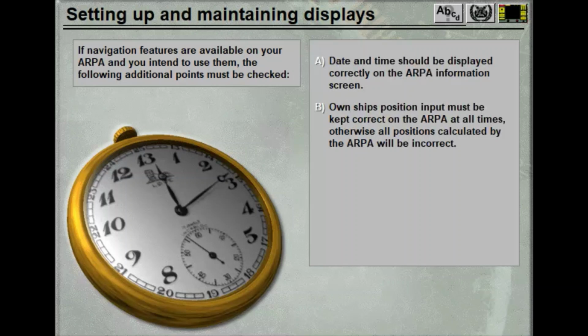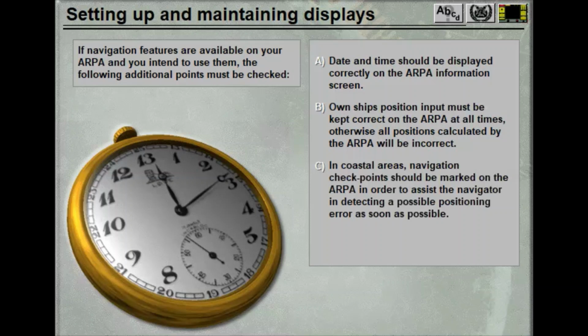Otherwise, all positions calculated by the ARPA will be incorrect. In coastal areas, navigation checkpoints should be marked on the ARPA in order to assist the navigator in detecting a possible positioning error as soon as possible. Check special requirements pointed out by the ARPA manufacturer.